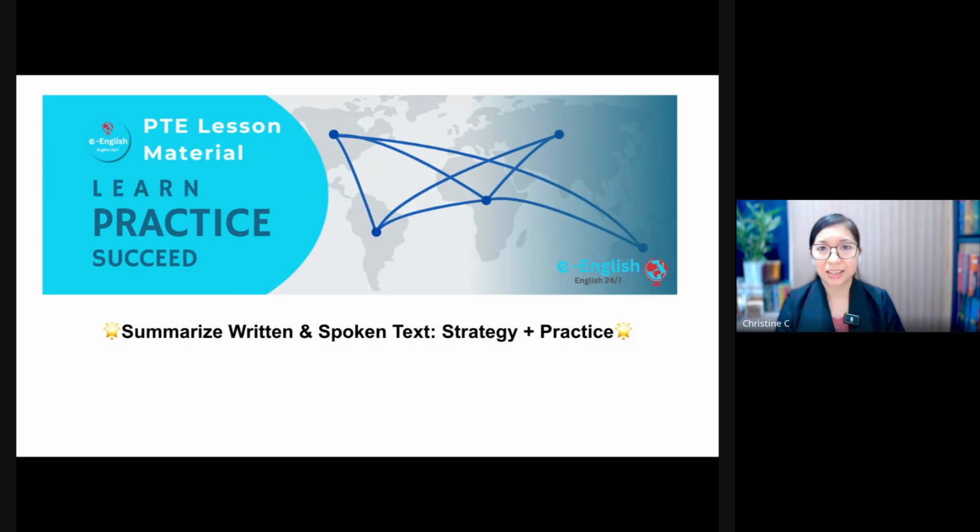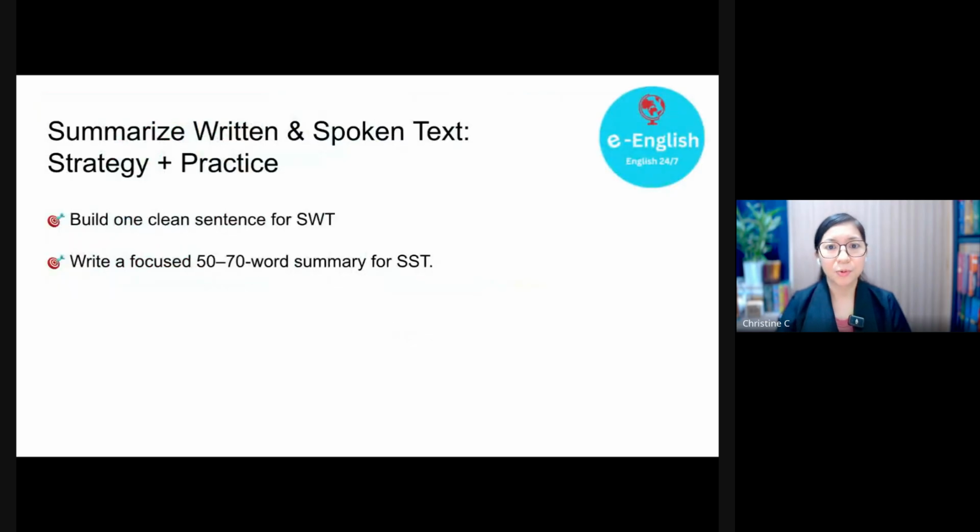All right. Now, how are we going to go about this in today's session? We are going to work on strategy and practice. We'll learn how to approach these tasks with a clear plan, allowing you to build one clean sentence. Okay, that is the main goal for SWT.